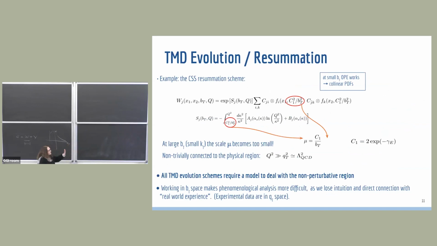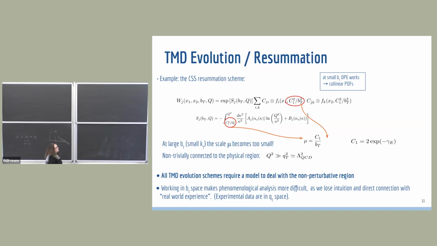So from the perturbative, so from the collinear point of view, you write the W term as the exponential of the Sudakov factor times something that you will easily recognize. This is the convolution of the Wilson coefficient with the PDF that Stefano was talking to you about yesterday, right?